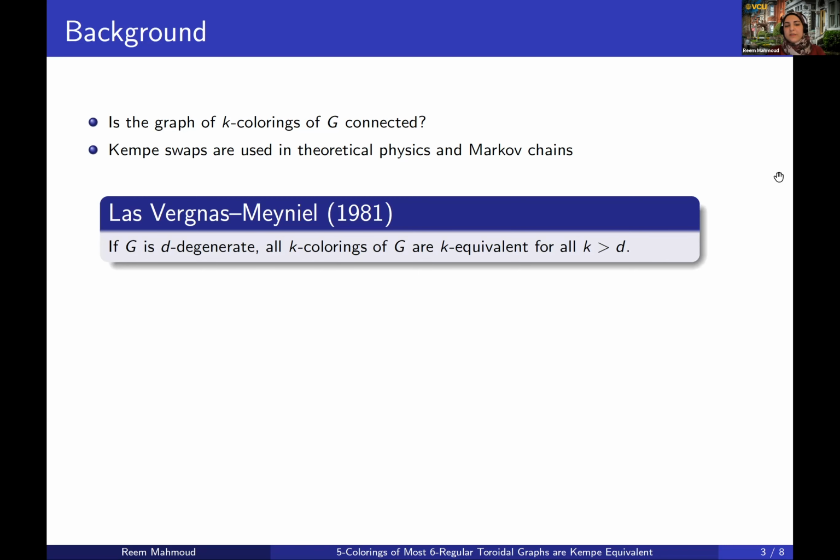An immediate consequence is that all k-colorings of planar graphs are k-equivalent for k strictly greater than 5, because planar graphs are 5-degenerate. Actually, Meyniel extended that to include k equals 5 for planar graphs afterwards. I'm going to be referring to this particular result a few times during the talk, so I'm just going to call it the degeneracy lemma.